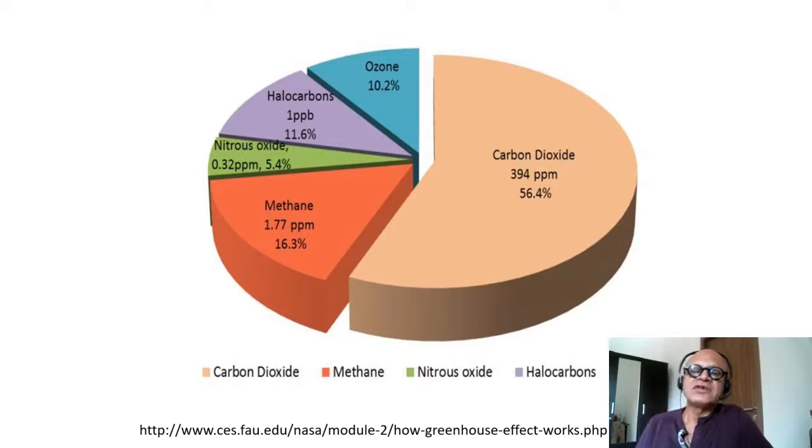So methane has a global warming potential in that sense of weight of about 25 times, but the residence time of methane is just about a decade to 12 years compared to carbon dioxide, which has multiple centuries, as we already saw. So that's critical.